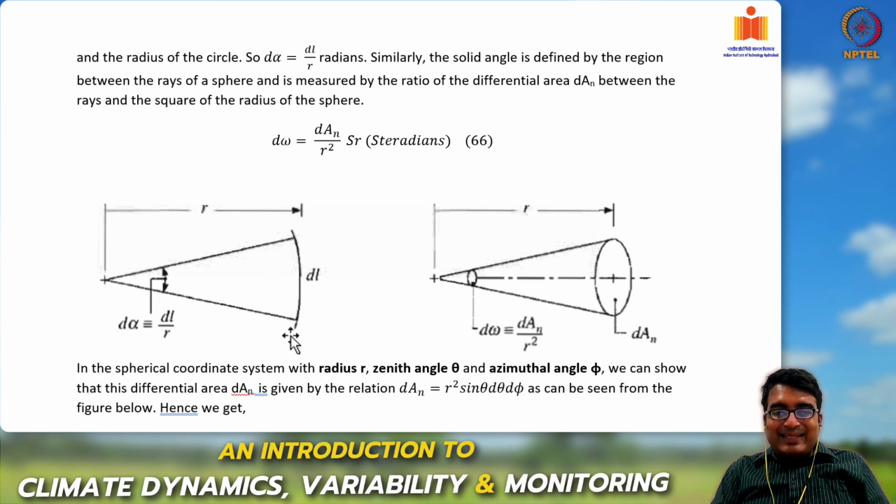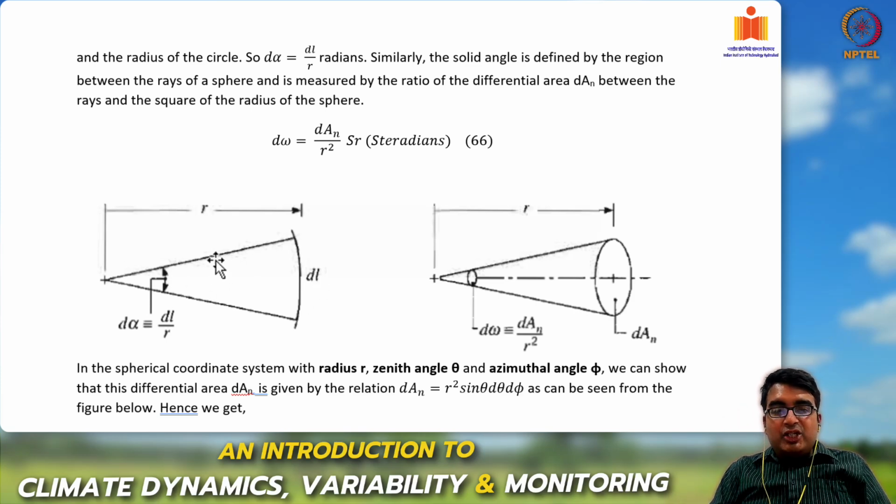So if dl is the arc length between these two radii hitting the circumference, and r is the length of the radius of this circle, then the angle between these two radii is dl by r in differential form. This expression is valid when we are taking very small angles.